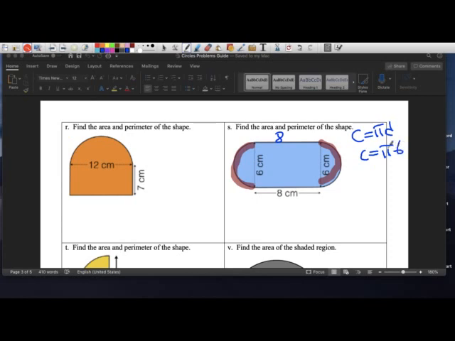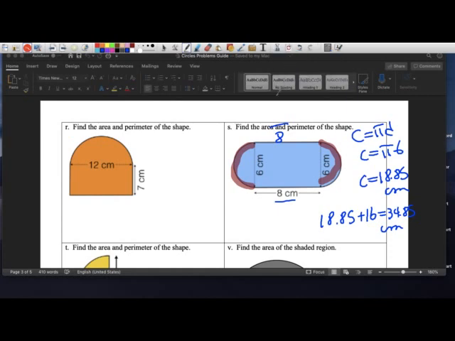So let's multiply 6 times pi, and we get that C equals 18.85 centimeters, and we're going to add to this 8 and to this 8, because we're going to now walk the whole thing. So 18.85 plus the 8 plus the 8 is 16, and that's going to give us 34.85 centimeters to take a walk around this shape.